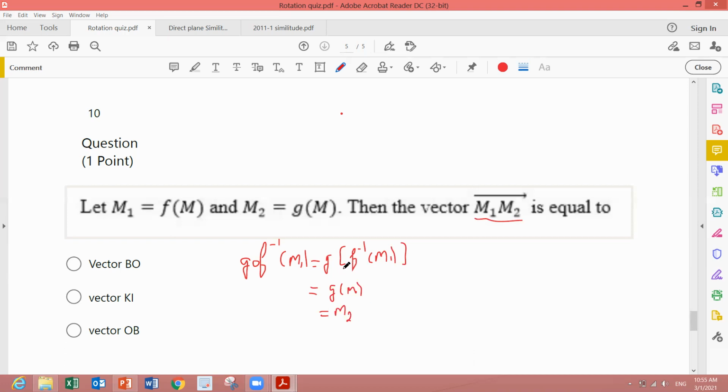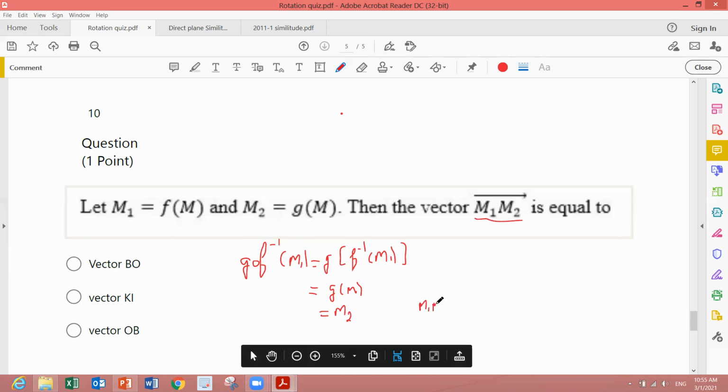What is the nature of G round F inverse? Translation with vector OB. So M1M2 vector will be equal to which vector? OB. Equal OB vector.